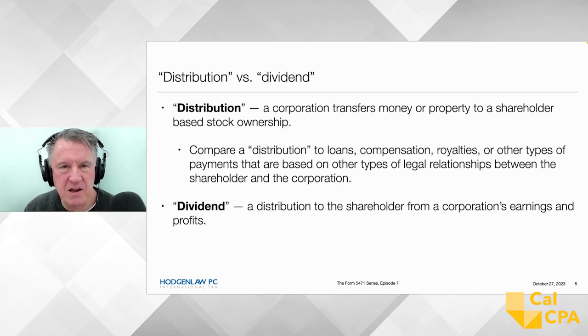So again, a dividend is a distribution that comes out of the distributing corporation's earnings and profits. A lot of times when I'm in a rush, I use dividend when I should use distribution. I'll try to be as clean as possible, but just bear in mind that these mean two very different things, because a distribution can be tax-free or it can be taxable depending on the context.